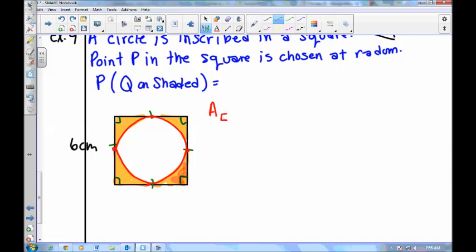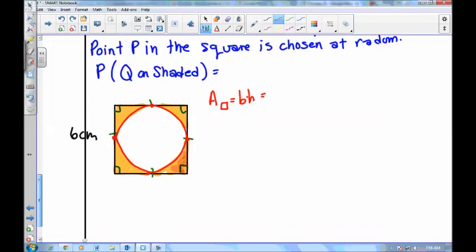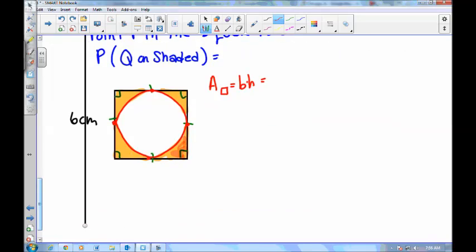So the area of a square is base times height or length times width. Okay, Danny, what would our area be for this square? Would it be 36? Because 6 times 6. Yep. And then technically we would do centimeters squared.